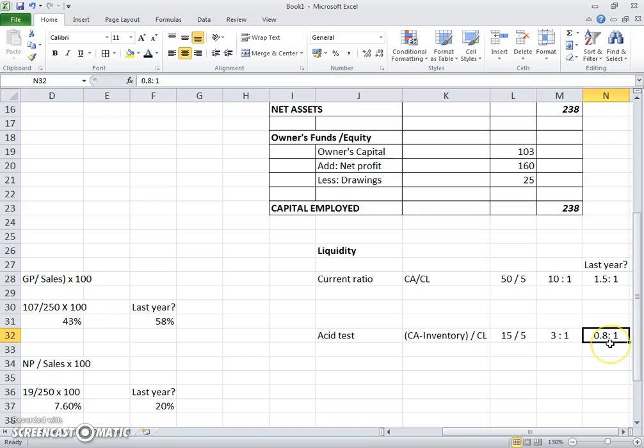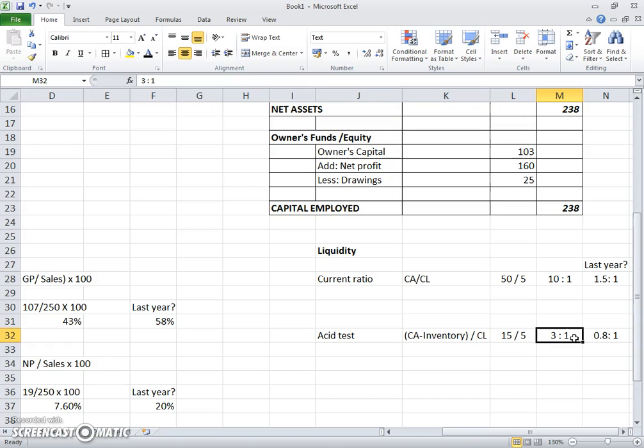Last year he had liquidity of 0.8 to 1, which was maybe a little bit of a worry that if he hadn't been able to shift his stock quickly, maybe just no one's buying headphones this week for whatever reason, he might have struggled to pay off his overdraft. He might have struggled to pay off his creditors, his trade payables, as we now call them. But as it turns out, things have much improved. He's now got a 3 to 1 ratio.